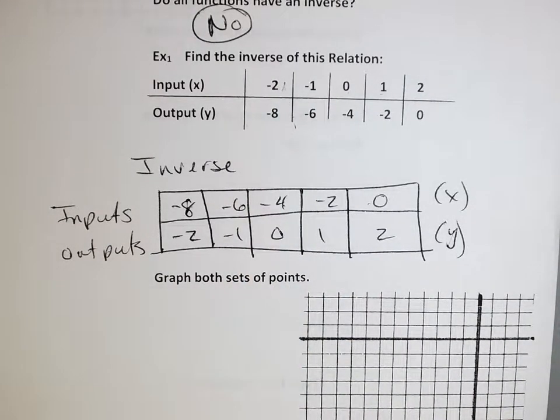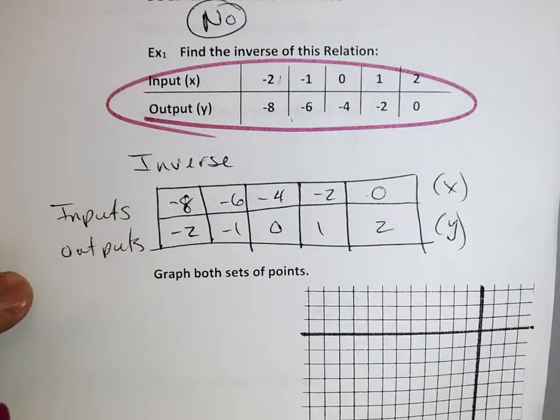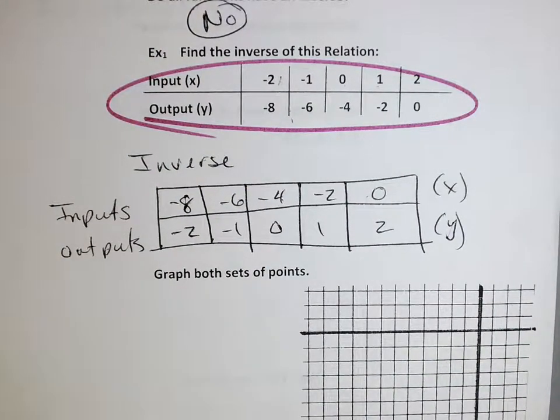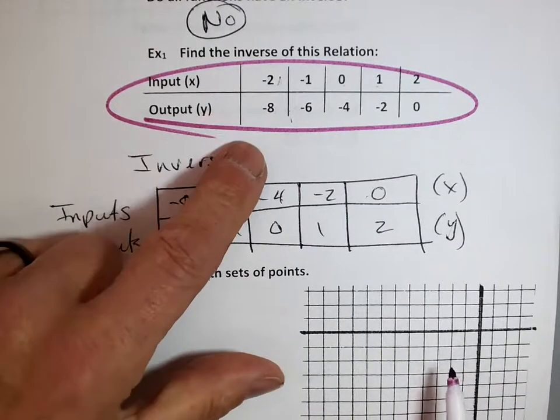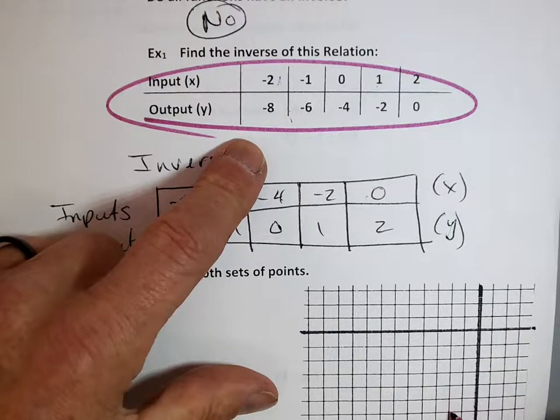Pretty easy, really. Okay, so what I want to do is graph these as points, and I'm going to try and use a couple of different colors. So first of all, let's graph the first one, and I'm going to do it in purple. So I'm going to think of these as points. I'm going to go -2, -8.